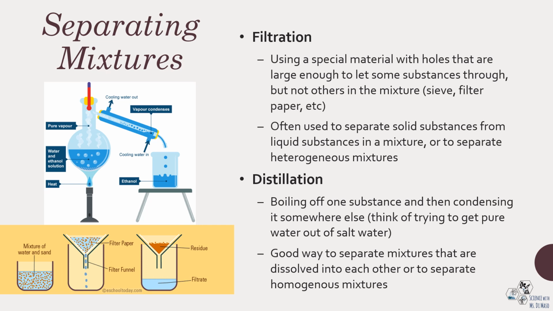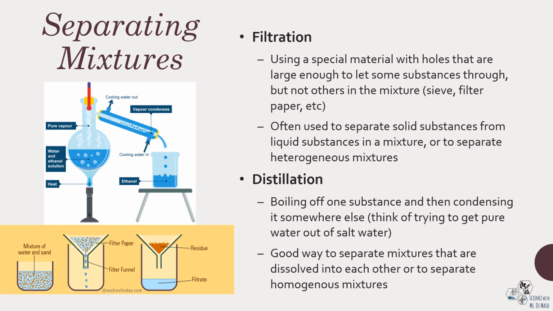It's selectively permeable, if you remember that term from biology as well. So with this, we're separating out large particles and letting smaller particles get through. Usually this is used to separate a solid from a liquid, something like when you're making coffee. I don't want the coffee grounds in my coffee, I just want the liquid in there.